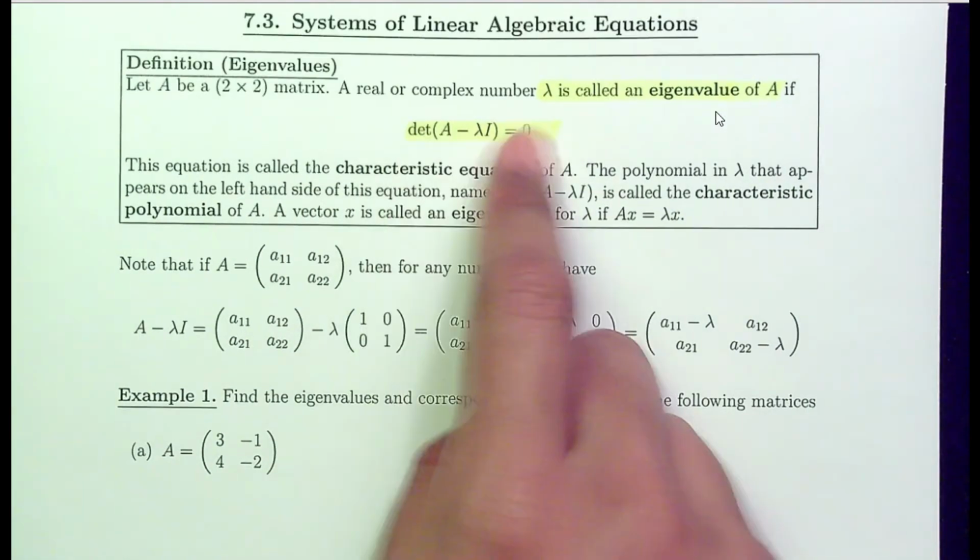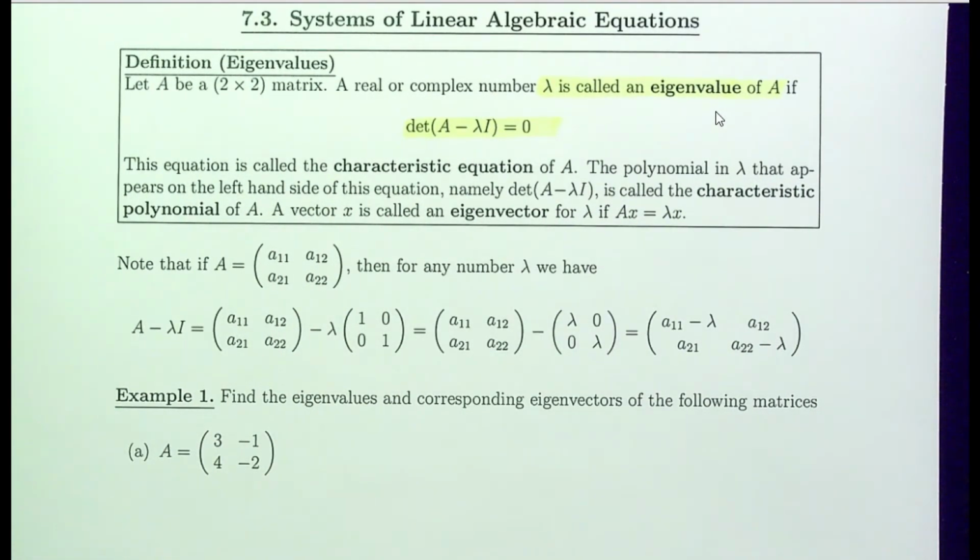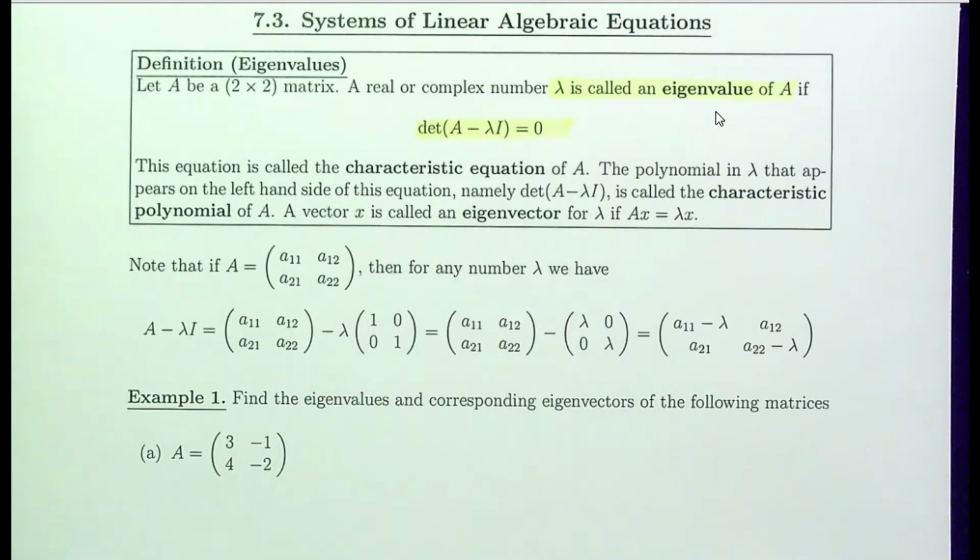The equation itself, once you write out what all that means, is going to be a polynomial in lambda. In our case, because it's a 2 by 2 matrix, it's going to be a quadratic polynomial.